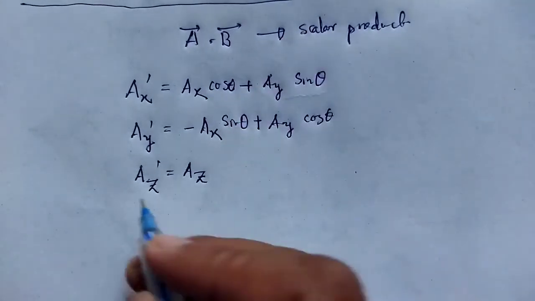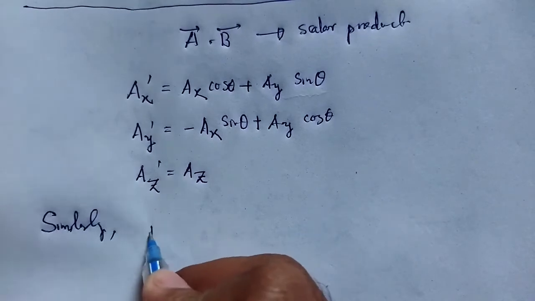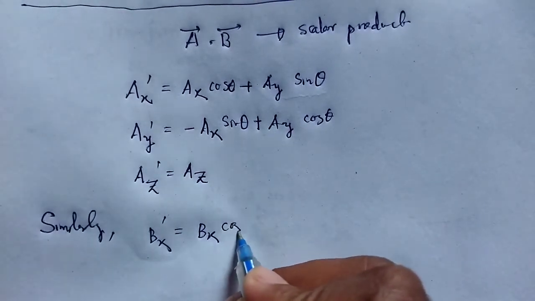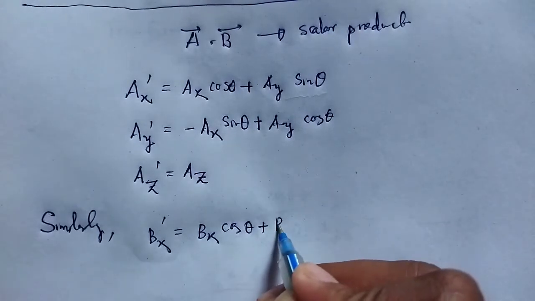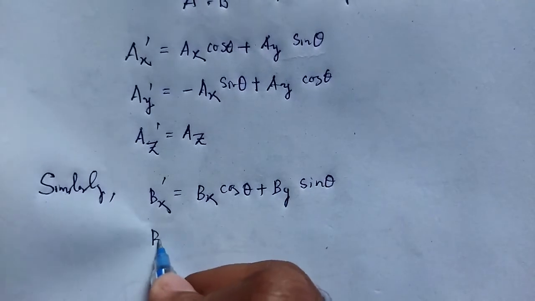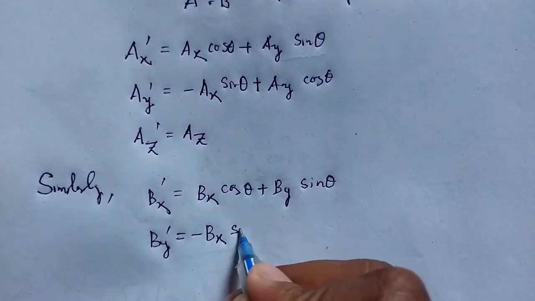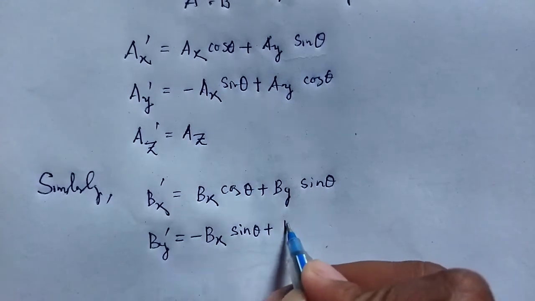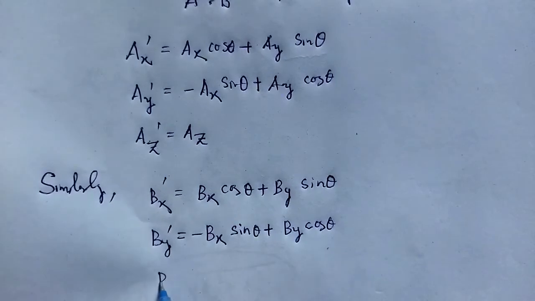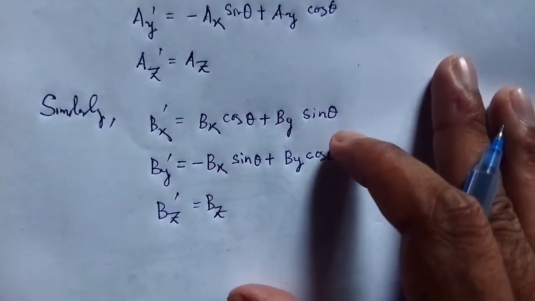Similarly, for vector B, bx dash is equal to bx cos theta plus by sin theta, by dash is equal to minus bx sin theta plus by cos theta, and bz dash is equal to bz.